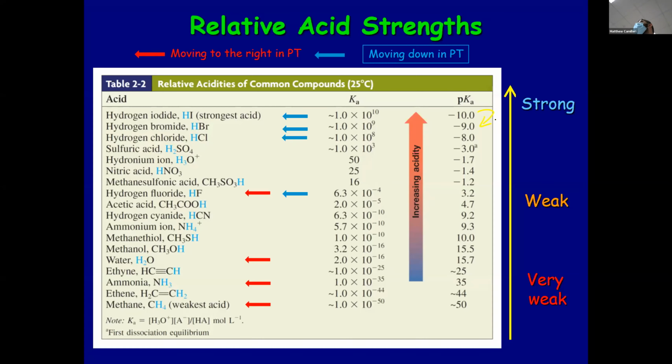The smaller the pKa, the better the acid. Okay. I wrote the smaller the pKa, the better the acid.